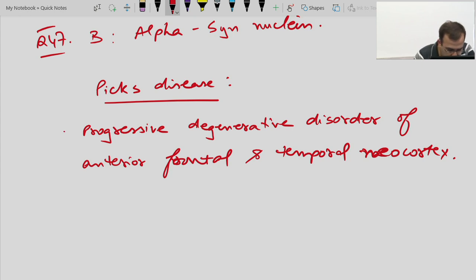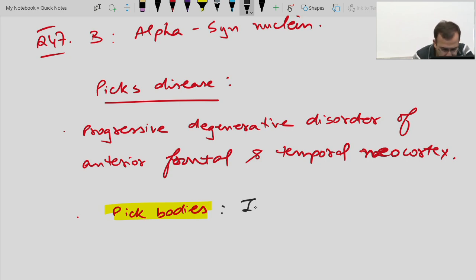Next point, Pick's disease is associated with the presence of Pick bodies, which are intracellular cytoplasmic inclusions.